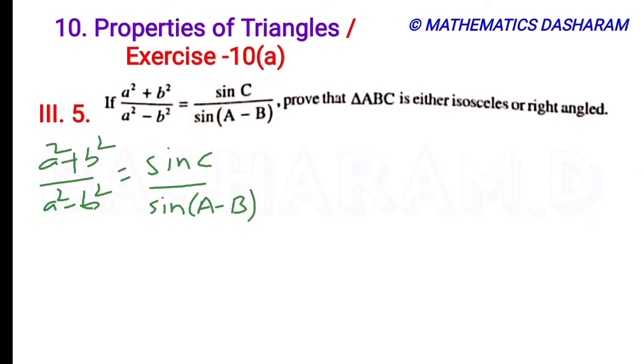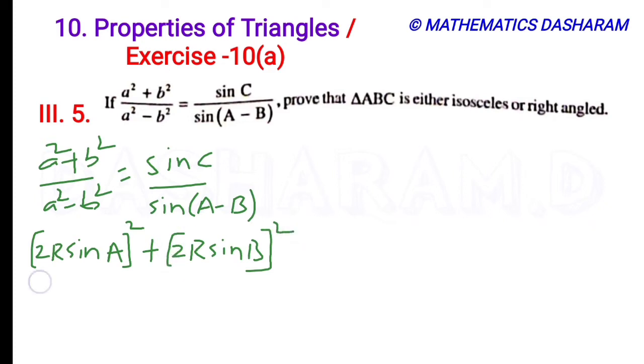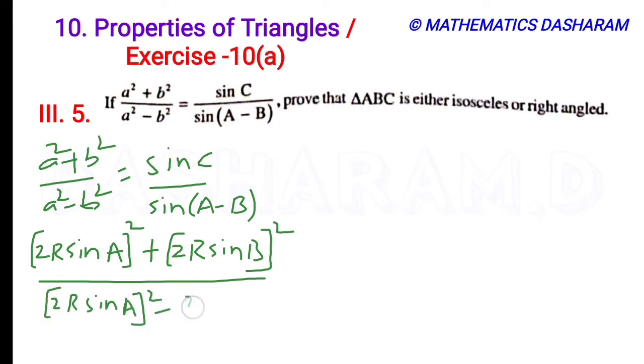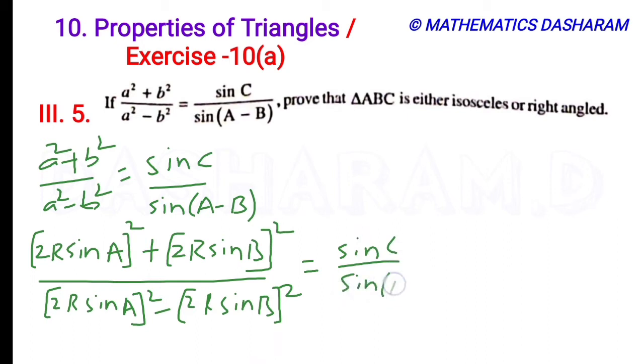From the sine rule, a is 2R sin A, so (2R sin A) whole square, and b is 2R sin B, whole square, divided by (2R sin A) whole square minus (2R sin B) whole square, equals sin C divided by sin(A − B).